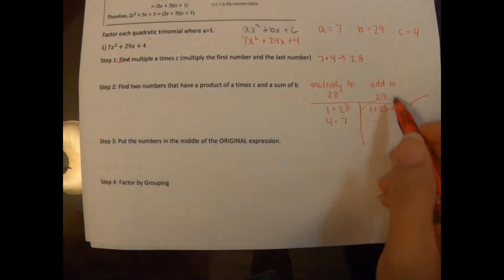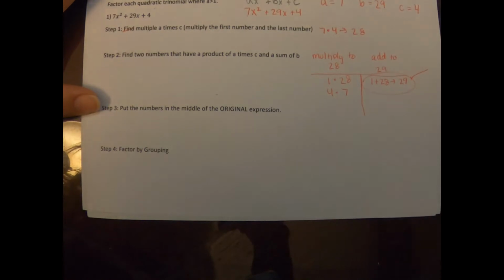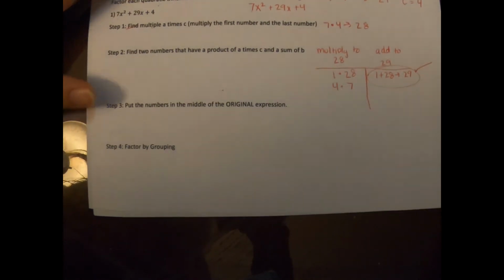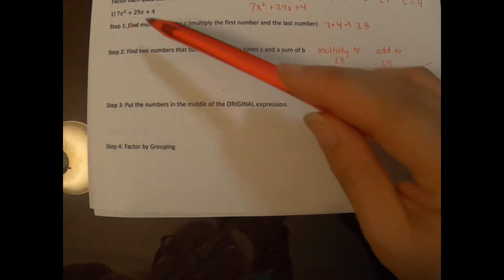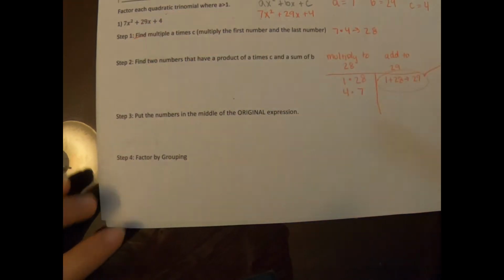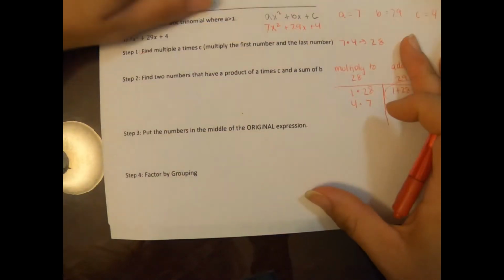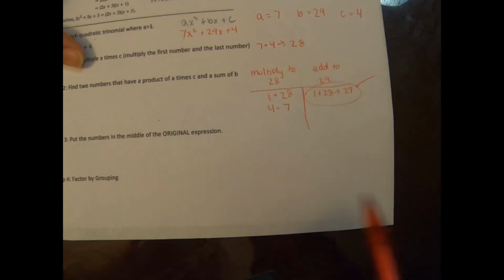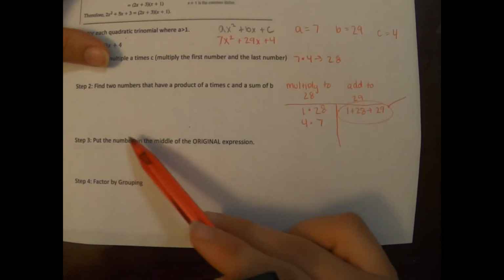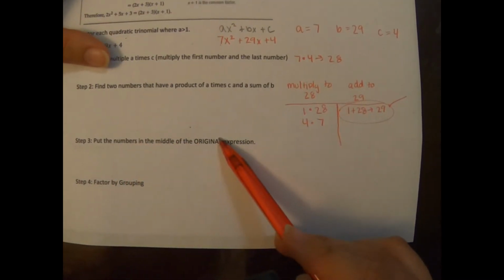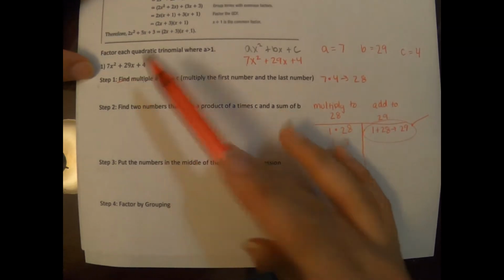Now that we found our numbers, we can't just jump straight to parentheses. There's some extra work. And the reason that there's some extra work here is, again, because there's a number in front, because of that 7 in front. So our next step is to put the numbers that we picked in the original expression. So here's our original expression.